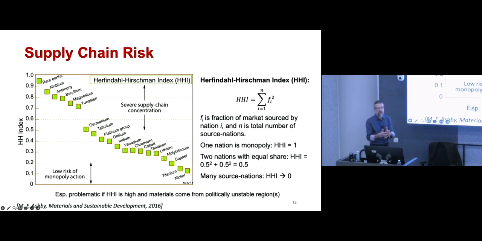And so the higher the index, the higher the monopolism for that particular material. And some of the rare earth materials have a very high index, meaning that there's only a single country in the world that is providing these rare earth materials. And China, for example, is a country up there. Supply chain risk is a real risk when it comes to materials.